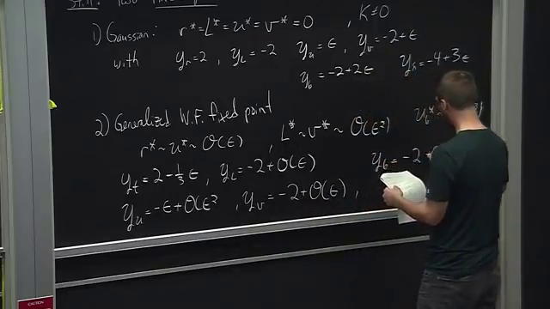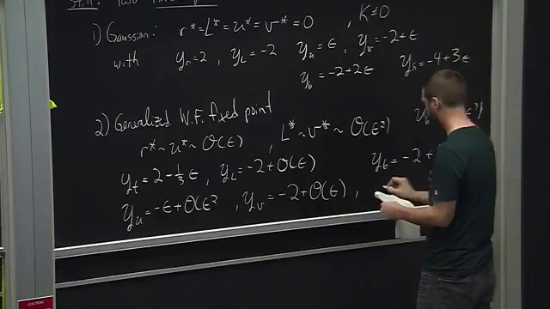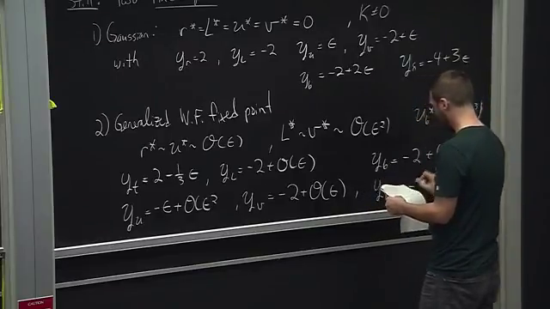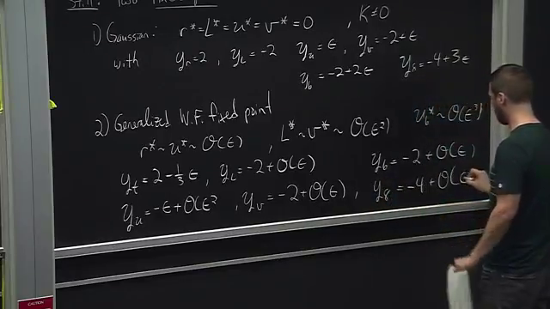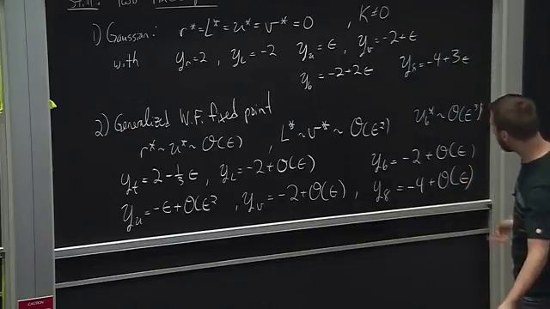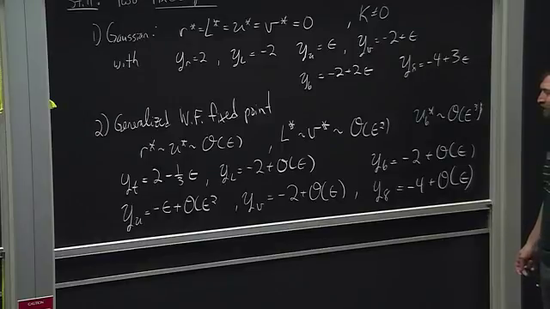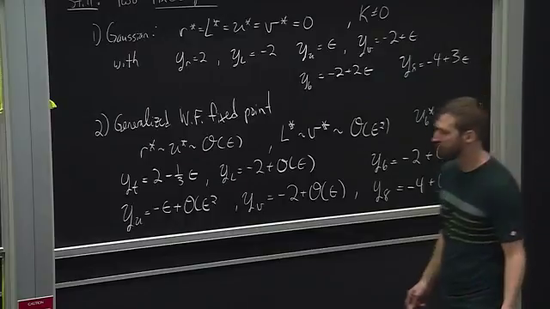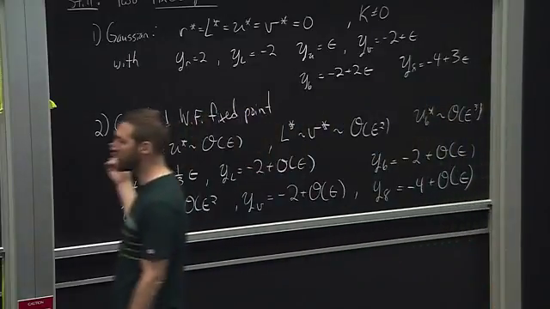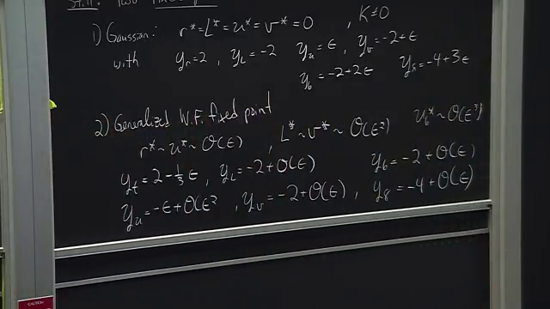Y6 minus 2, Y8. So in particular, these higher order phi 6 and phi 8 interacting terms, you see they're getting more and more negative. Right? So your relevance is really restricted to just one direction, or 2 if you have a field.